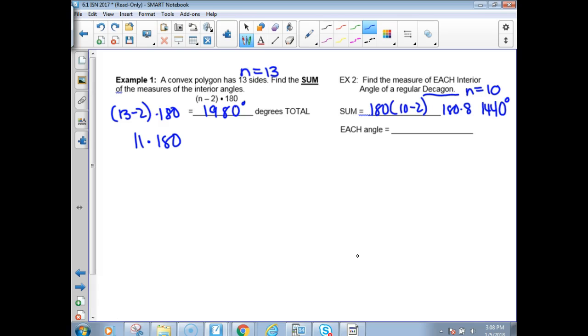If you want to know how big each angle is, next you will divide that sum of 1440 by the number of angles or sides, which is 10. 1440 divided by 10 gives us each angle is 144 degrees.